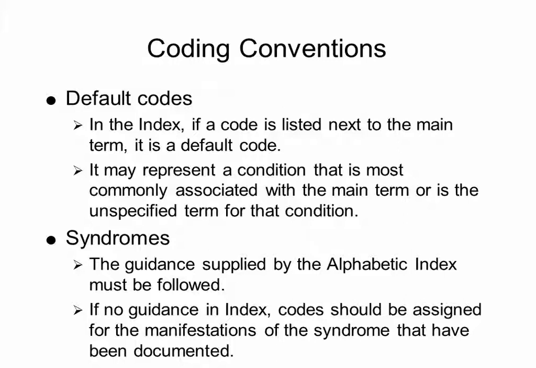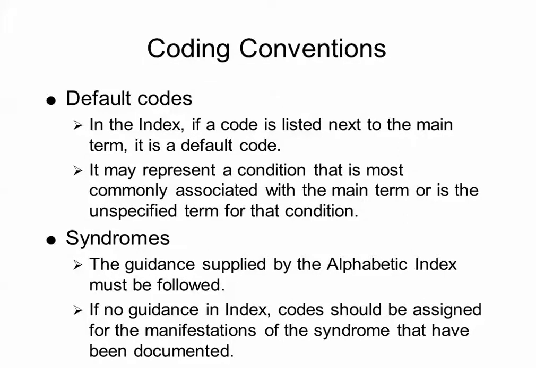Default codes in the index, in the alphabetic index. If there is a code listed next to the main term, which is the bolded term that's flush with the left margin, that is considered a default code. What it usually represents is a condition or a disease that's most commonly associated with that main term. Or it could be the flip side of that, the unspecified term for that condition.